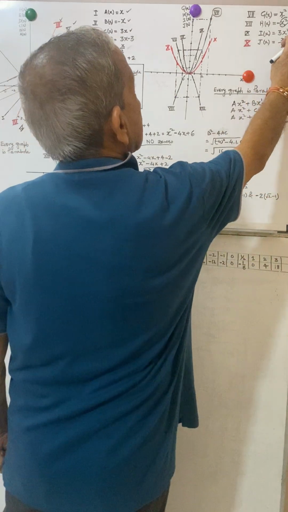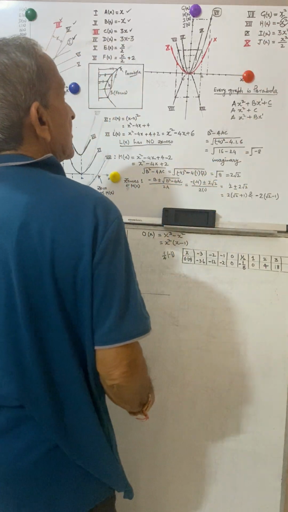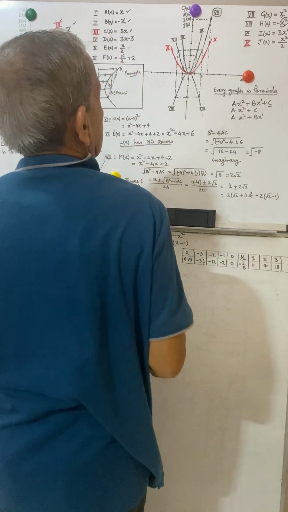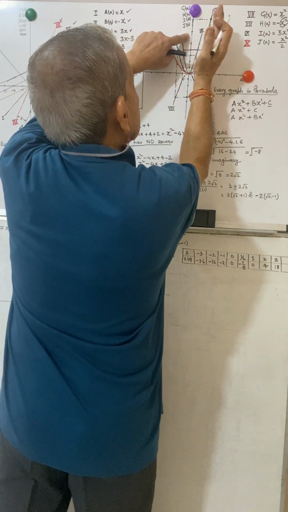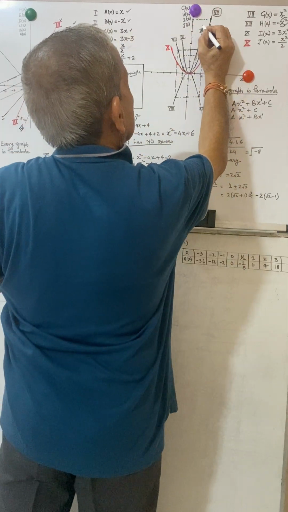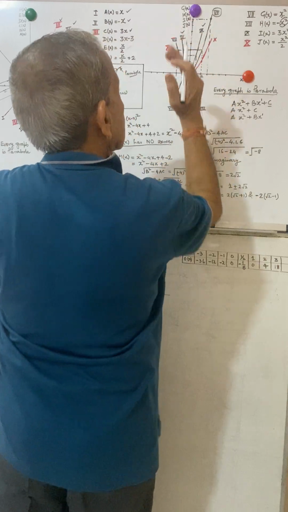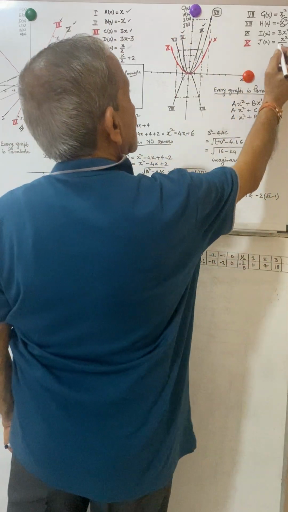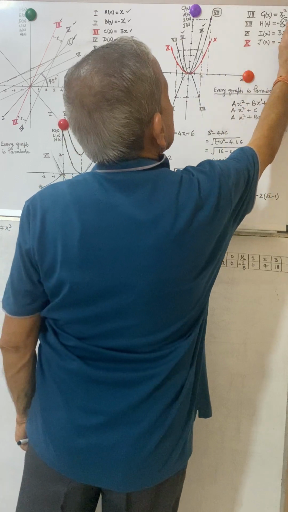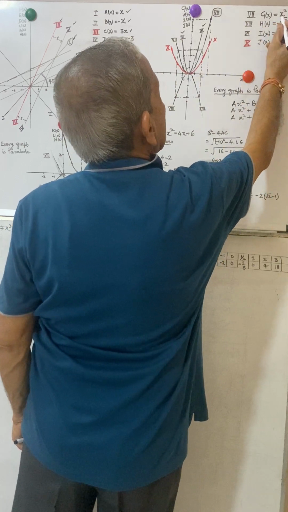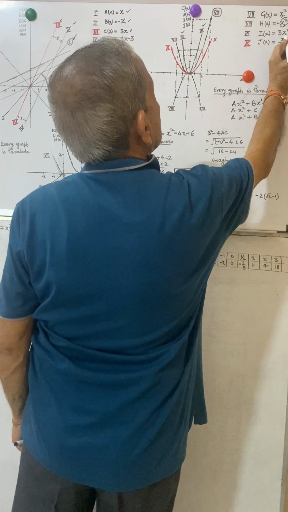Now what about 3x square? If the polynomial is 3x square, it will be towards the y-axis, because when x is equal to 1, in this case it is 1, and in this case it is 3.